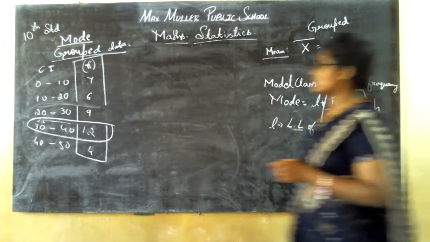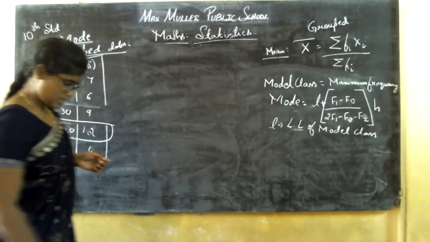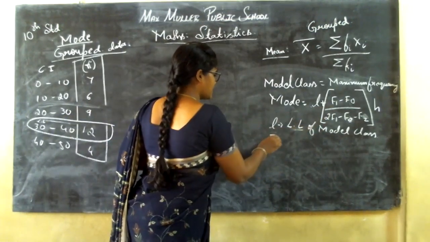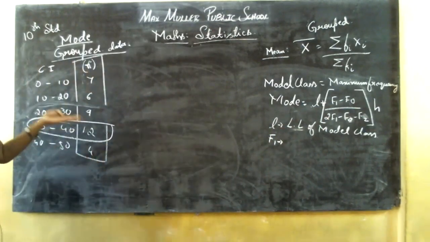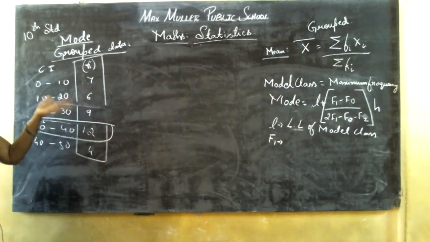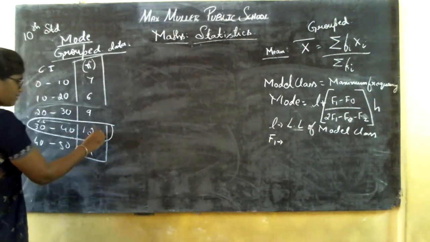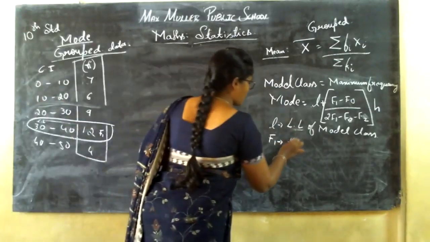Then what is this F1, F0, F2? Let us see. This F1. What is this F1? It is the frequency of the model class.